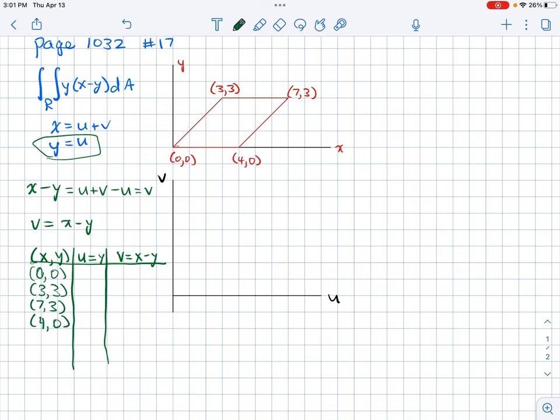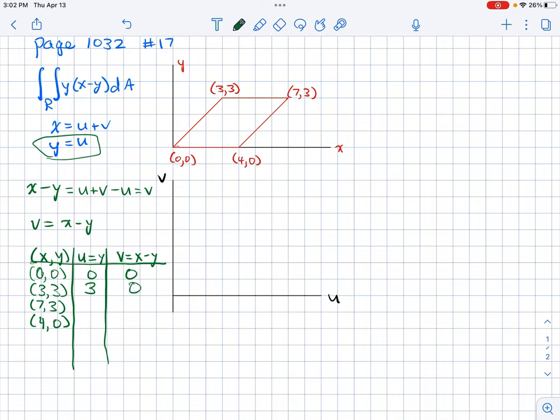Let's see if we can figure out what those are in terms of u and v. Well, this one is just 0, 0. Now let's try this one. For the point 3, 3, we've got u equals y, so u is 3. Now v is x minus y, so that would be 0.